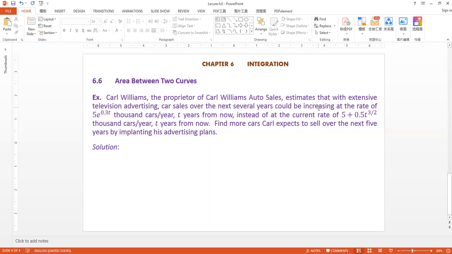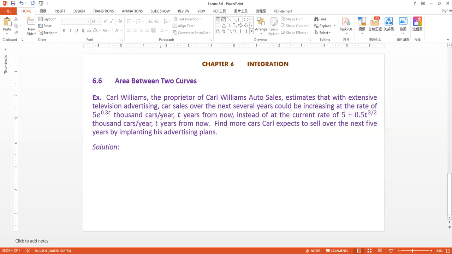With the current plan, the rate of change is 5 + 0.5t^(3/2) thousand cars per year. That's the rate of increase of sale of cars. But if he implements the new advertising scheme, the rate of change of sales becomes 5e^(0.3t) thousand cars per year.